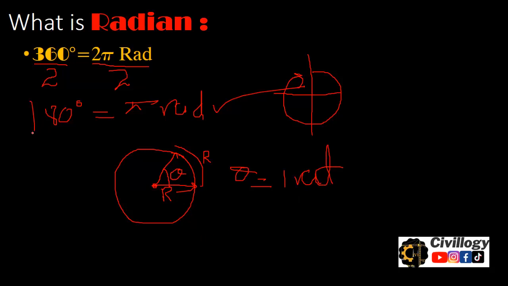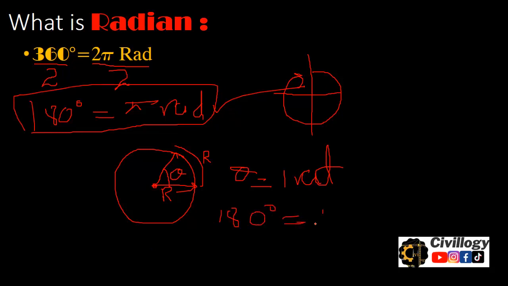Now let's have a look at this equation: 180 degrees is equal to pi radians. To cancel out the pi, we will divide both sides by pi.